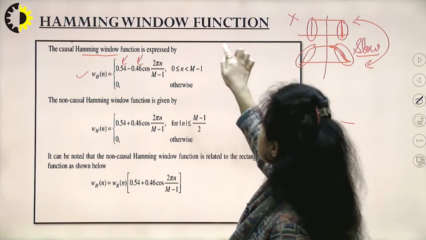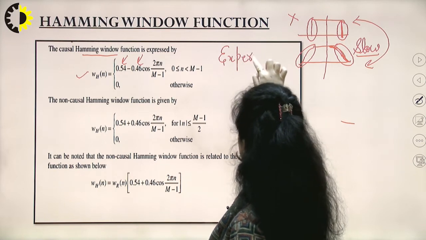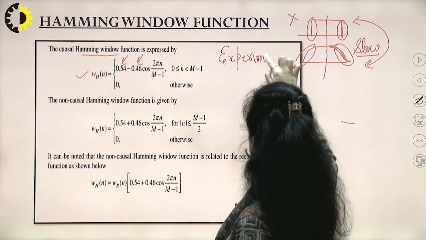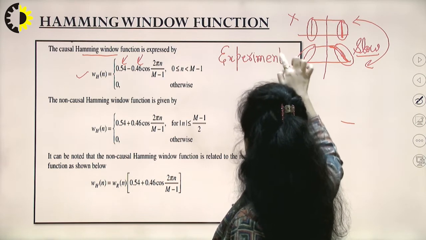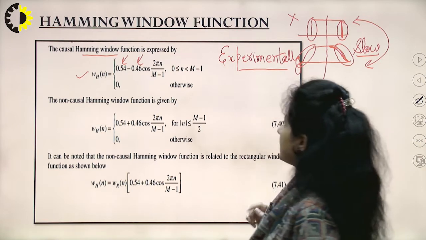These are experimentally tested values. At these values, I get a good tapering characteristic with less distortion.